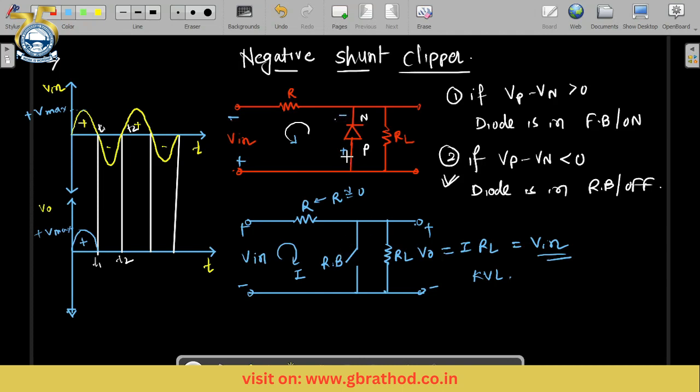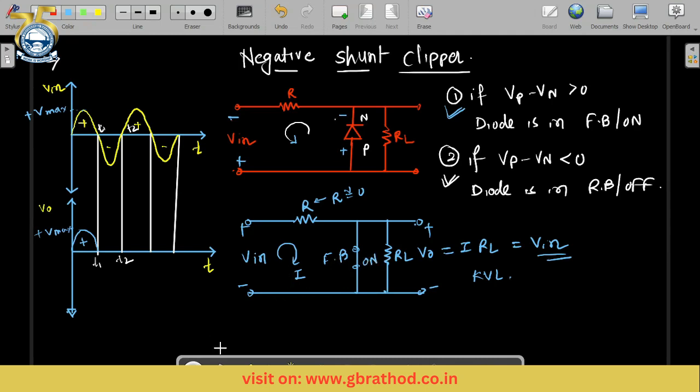Now when this kind of anti-clockwise supply is given, or you can say the negative half cycle is provided, the condition gets fulfilled. At that time, the diode is turned on. If the diode is turned on, it is in forward bias. So diode is in forward bias, or you can say it is on.